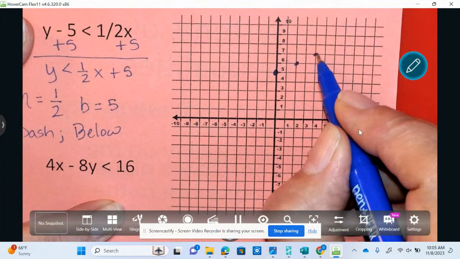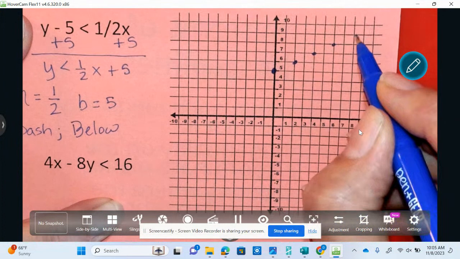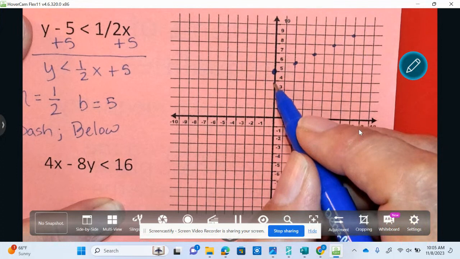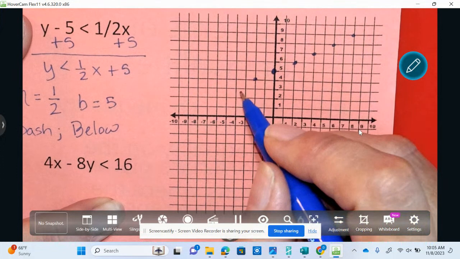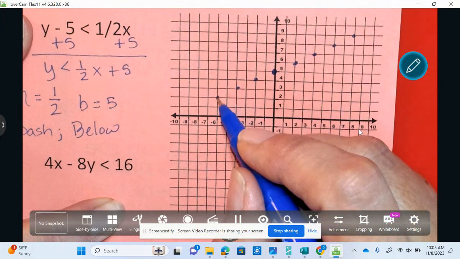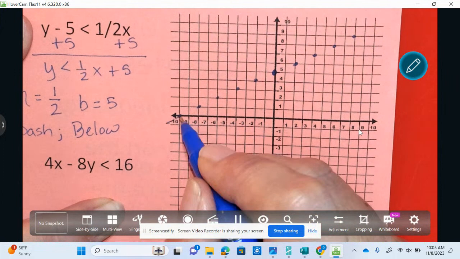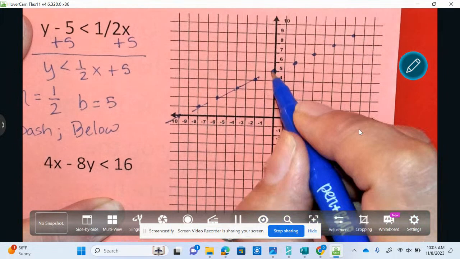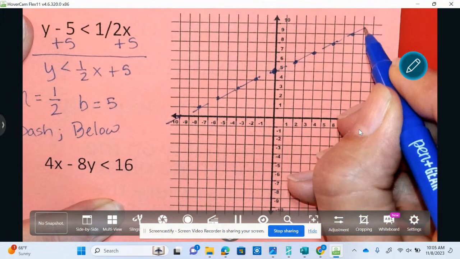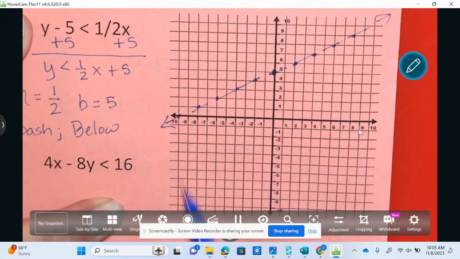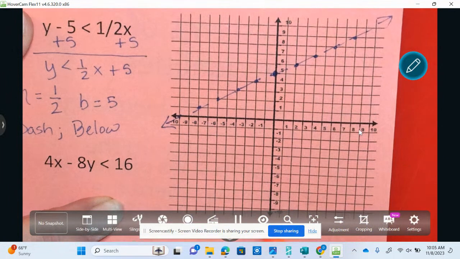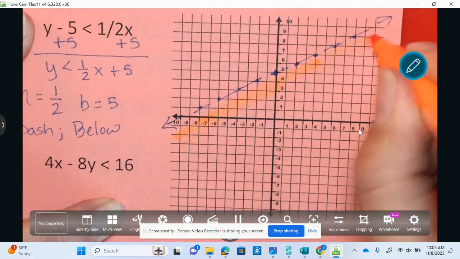Continue that pattern. You can also go back to your 5 and go down 1 and to the left 2. Dashed line. And I'm shading below.